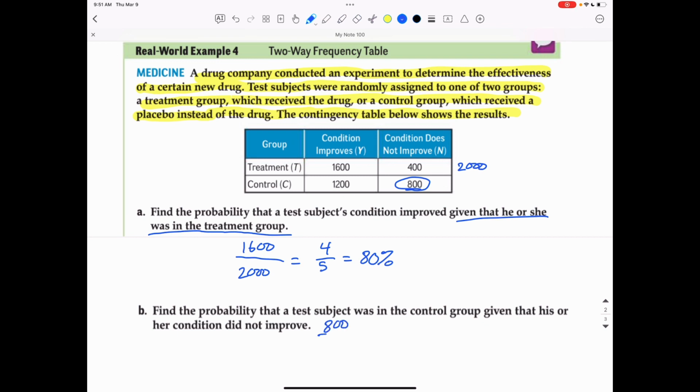We're going to put that over, and on this one it says given that his or her condition did not improve. So that is actually the total of this column right here. Condition did not improve. 800 over 1,200, and that would be 2/3, which is approximately 66.7%.